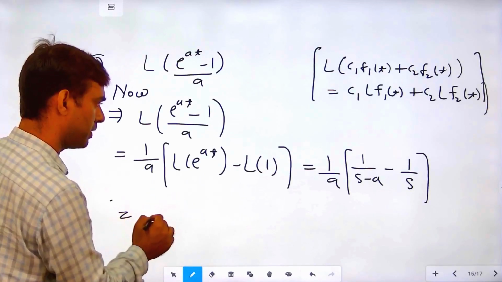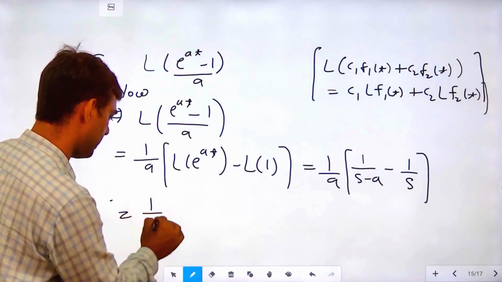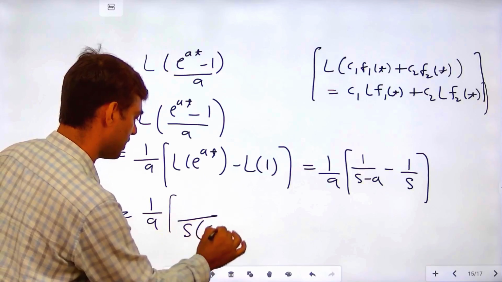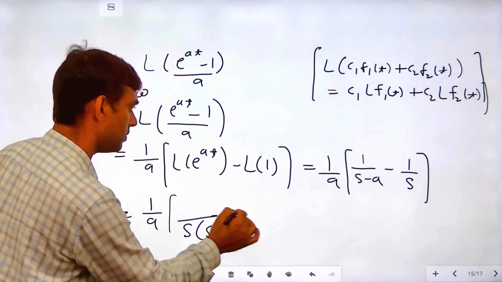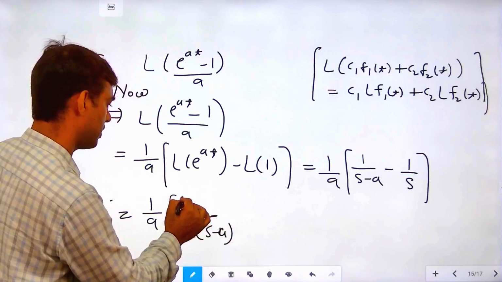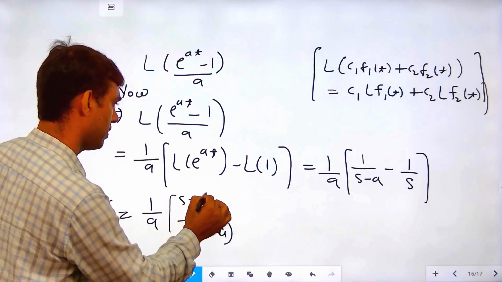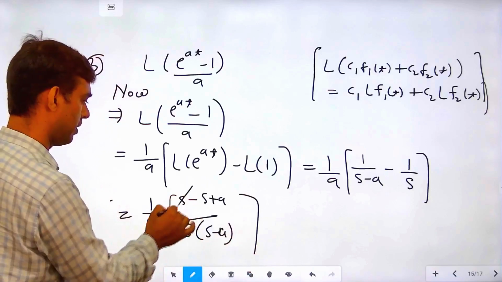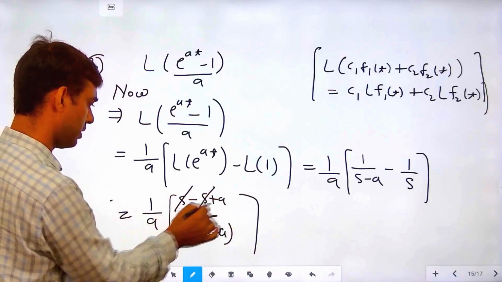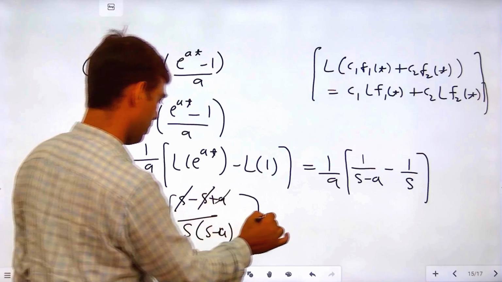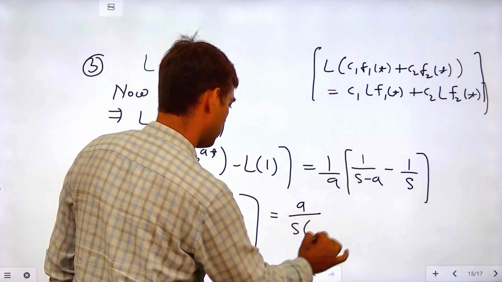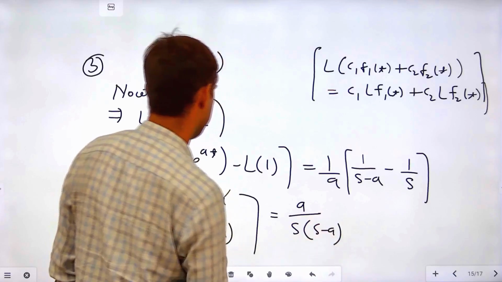Simplifying, inside we get s into s minus a in the denominator, and the numerator becomes s minus s plus a. So the a cancels out, and this becomes a upon s into s minus a.